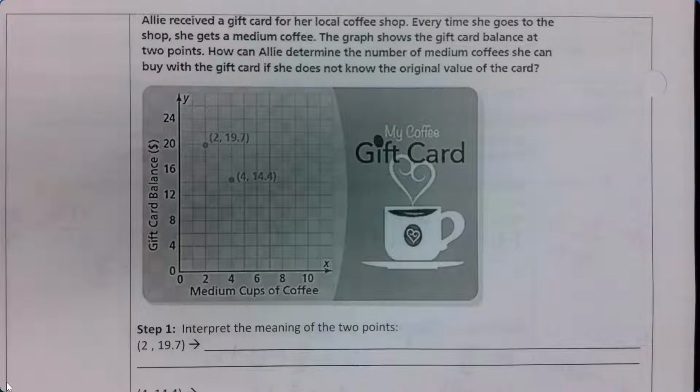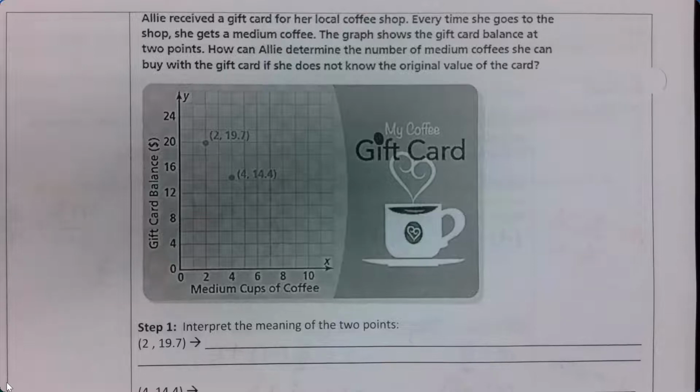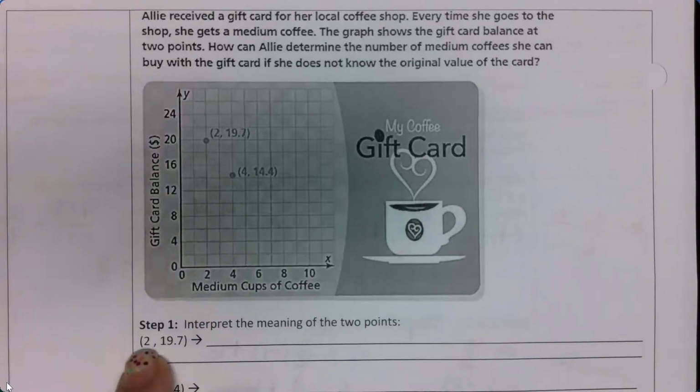At every 2 points. How can Allie determine the number of medium coffees she can buy with the gift card if she does not know the original value of the gift card? So the first thing I want to do is I want to interpret the meaning of the 2 points.